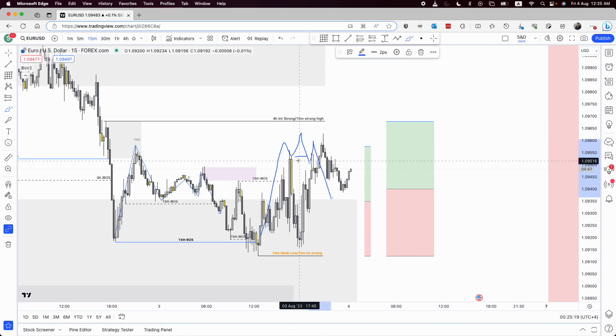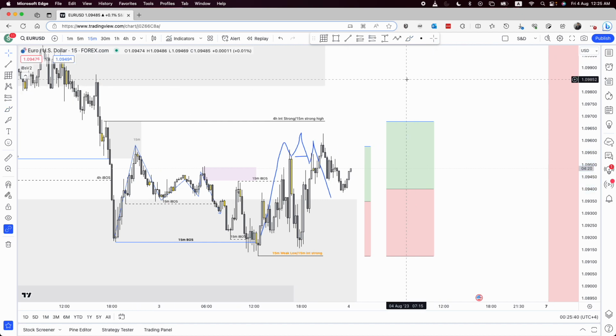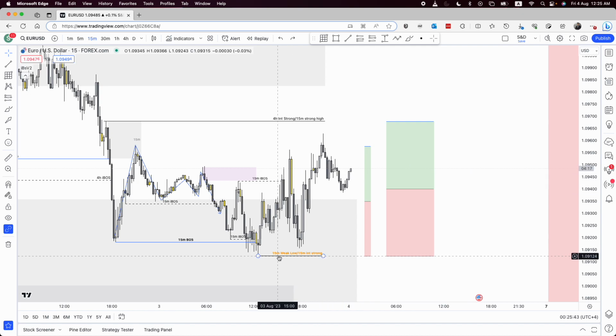Then we have the internal aligned with the swing structure, and then we can take this straight down. That will be a lot more probability than me trying to take a pro internal against the swing structure, because we never know when price will start moving downwards, because the high time frame, excuse me, trumps the lower time frame.